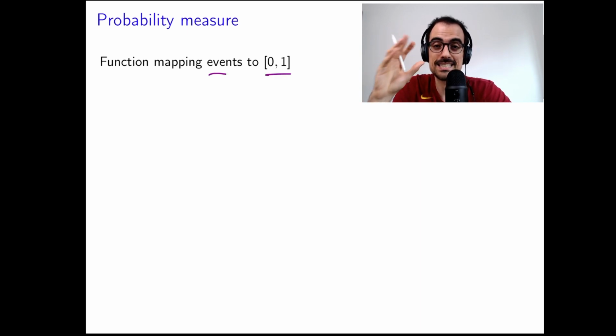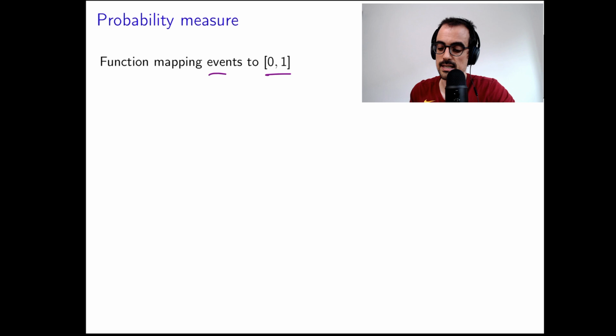The fact that this is a number between 0 and 1 captures the intuitive notion that this corresponds to some fraction of times that something will happen. A fraction of non-negative things where the numerator is at most the number of repetitions of the experiment is going to be a number between 0 and 1. That is captured here.